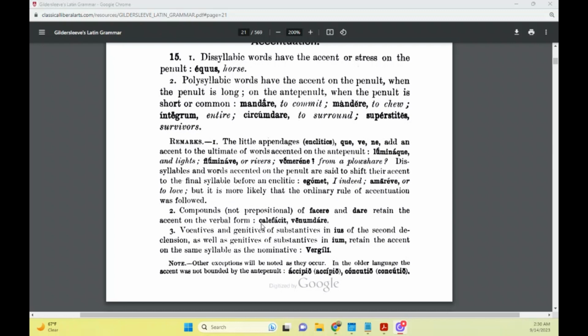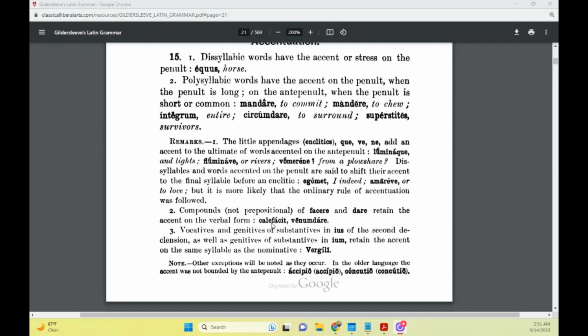So here we have the word calefacit, or in church Latin, calefacit. And so we can see that we have the verb facit, with another word added to it, cale, which means warm. I'm not going to even talk about the meanings of these words because it's insignificant.